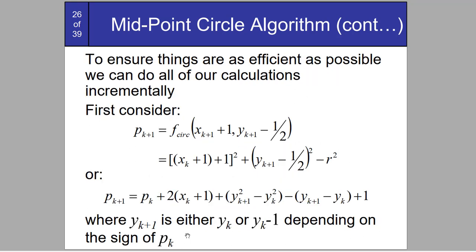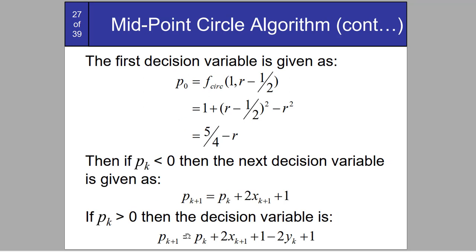There are some calculations, and at the end we find that there is a decision variable p0 which is equal to 5 by 4 minus r. This is a fixed value. Remember, p0 is equal to 5 by 4 minus r, and then we need to find p1, p2, etc. for the remaining points. So our starting decision point is this, and it will decide if it is less than 0 or greater than 0.